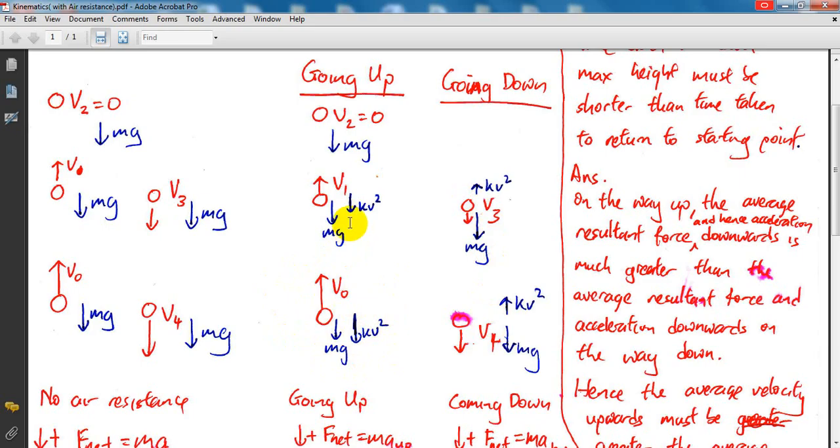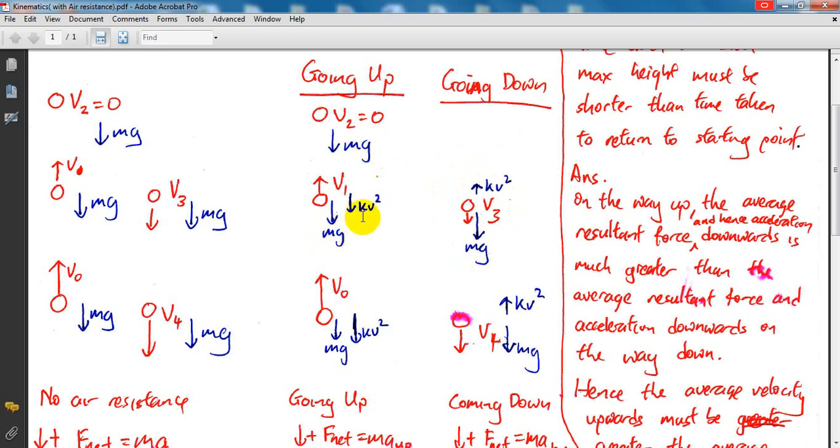Then I drop, because my velocity dropped, all the way to mg because there's no more drag force at zero velocity. Then as I'm coming down, I drop further. The net force value drops further because now the kv squared is in the opposite direction to the mg, as opposed to this case where it's in the same direction.